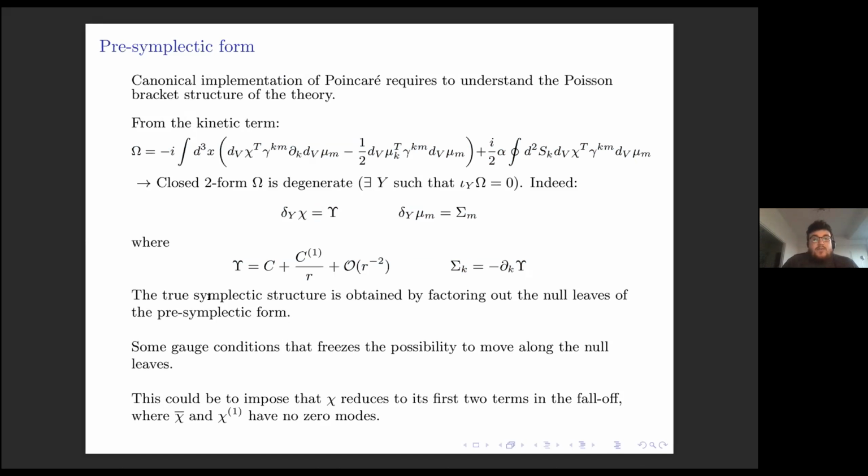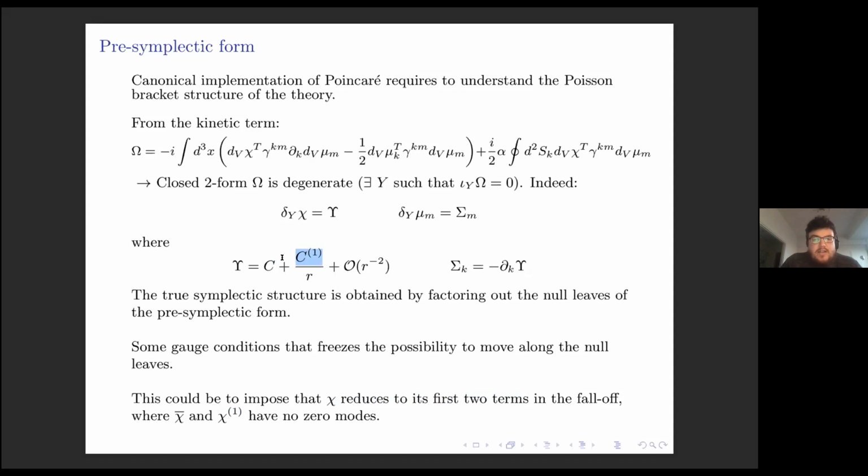So the true symplectic form is going to be obtained when one factors out the null leaves of the presymplectic form. And for this, we need some gauge condition that freezes the possibility to move along the null leaves. One could then impose that chi reduces to its first two terms of the fall-off, chi bar and chi 1, which have no zero modes because we kill them by this constant here.